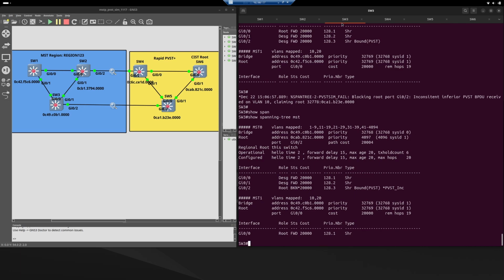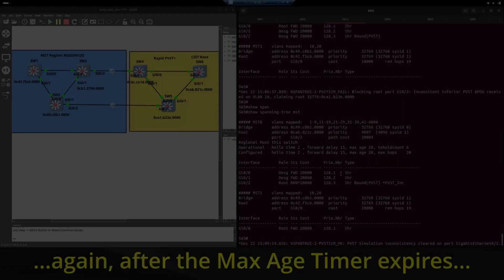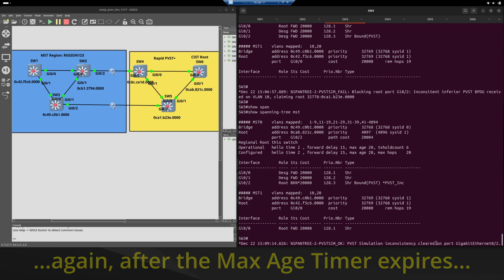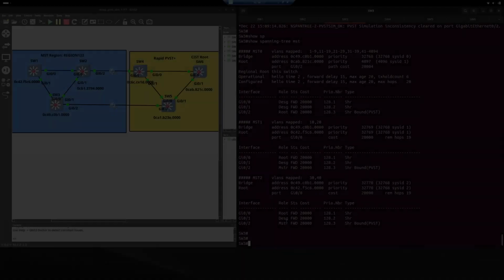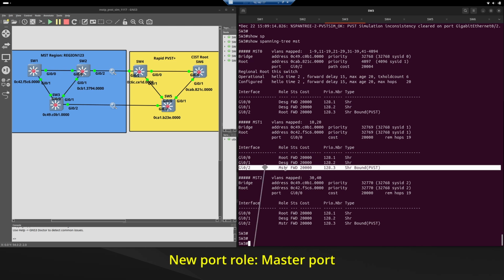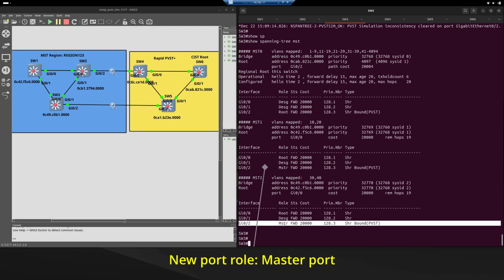Let's move back to switch 3, and as we can see, pvst-simulation inconsistency cleared. And now interface G0/2, instead of being the root port, has this new role for instance 1 and instance 2 called master port.